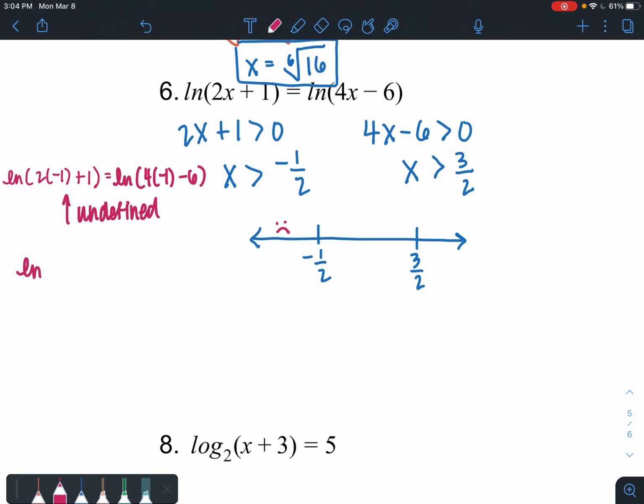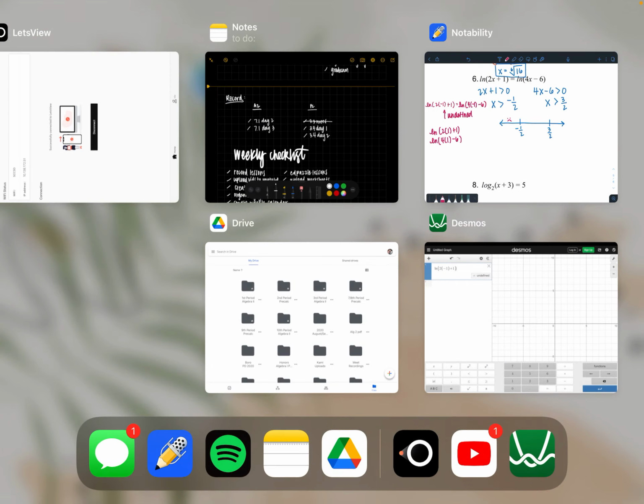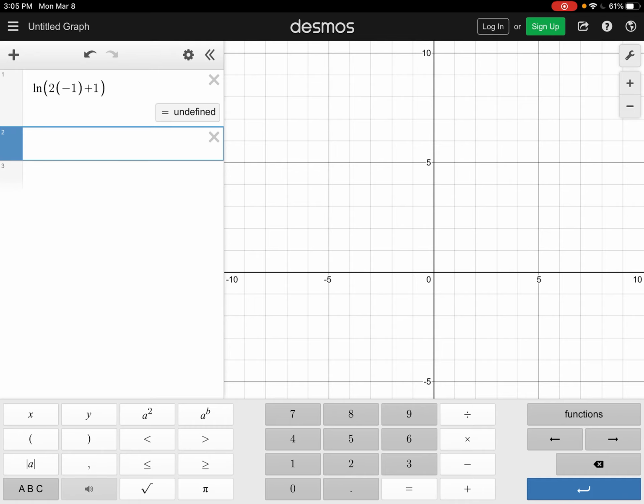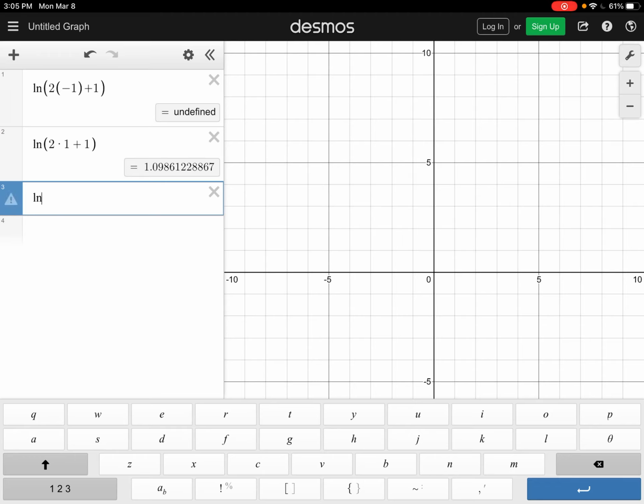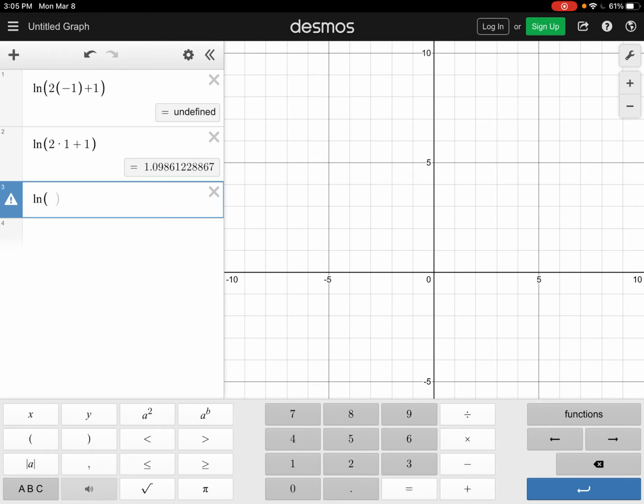Let's go ahead and try 1. So ln of 2 times 1 plus 1 and ln of 4 times 1 minus 6. So we have ln of 2 times 1 plus 1. That one's good. So we have ln of 4 times 1 minus 6, and that is also undefined.